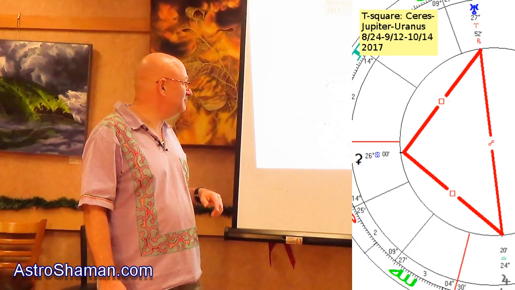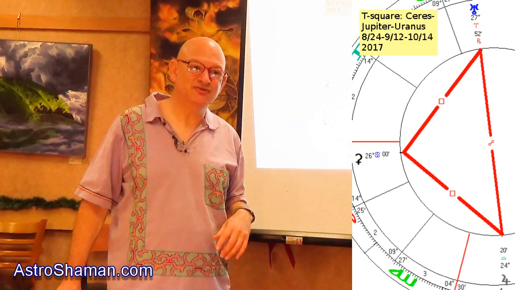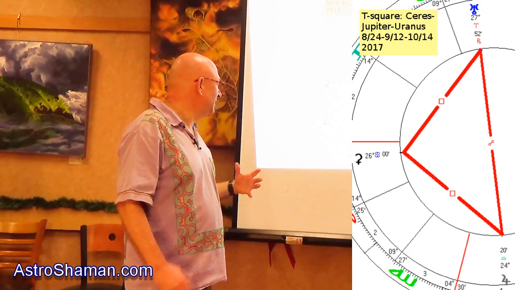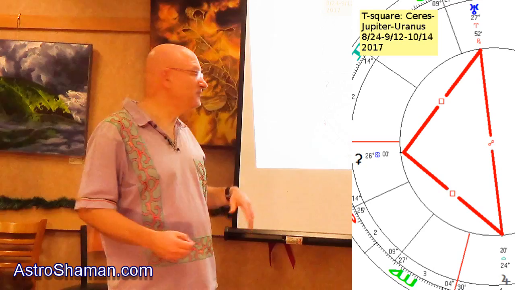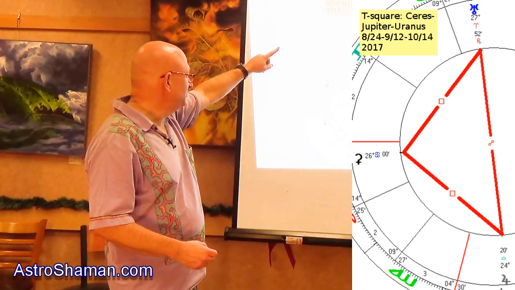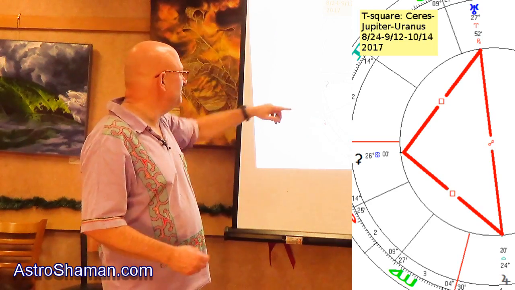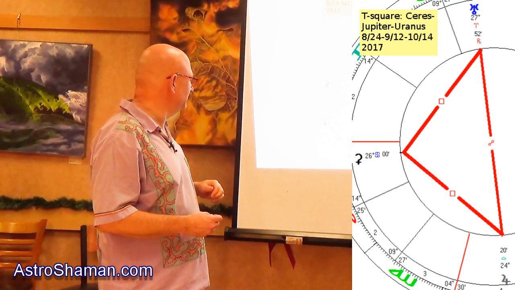So I would say be proactive and be thinking, how can I magnify whatever abundance is important to me, whether it's financial or otherwise. A reminder also, Ceres can be about wounding and sorrow because of Demeter mourning Persephone gone to the underworld. So that may get triggered as well.